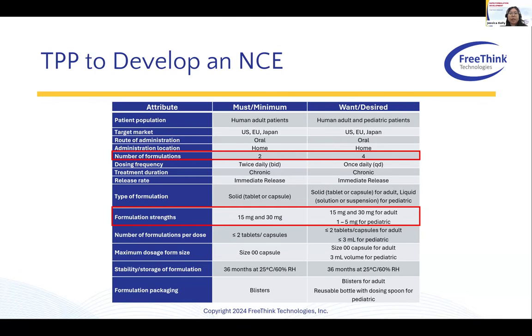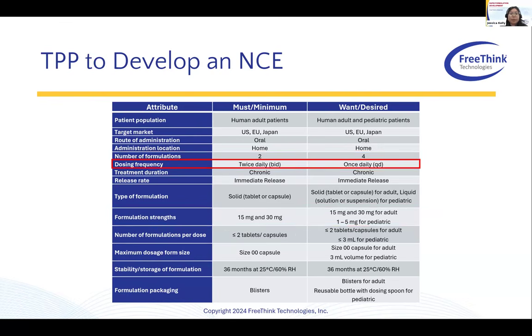So in the formulation strengths attribute, we can see a desire to develop a 15 and 30 milligram dose for adults and a 1 to 5 milligram dose for pediatrics. Here, for the dosing frequency attribute, we may discuss having the desire for a once daily product for patient compliance. But if this is not feasible, then we must at least develop a twice daily dose product.